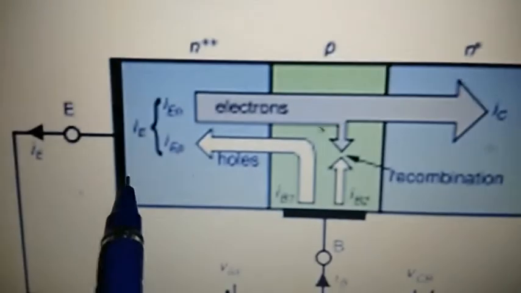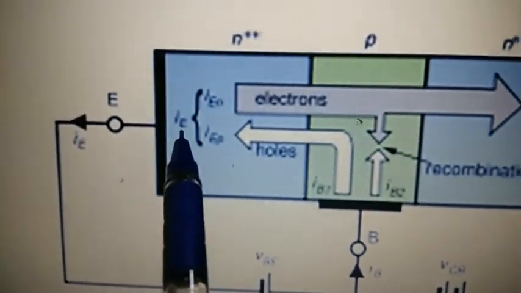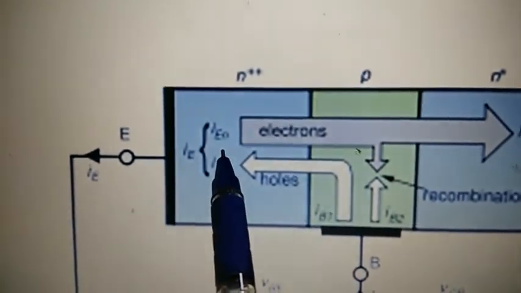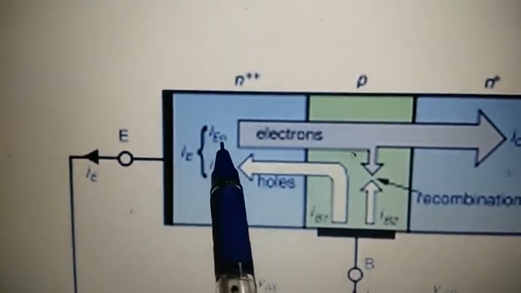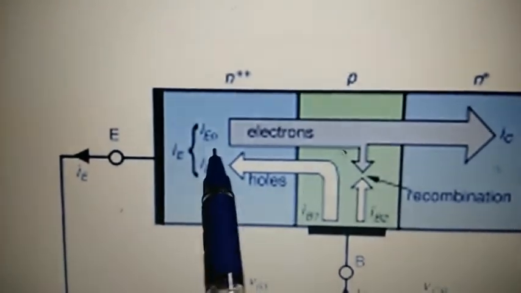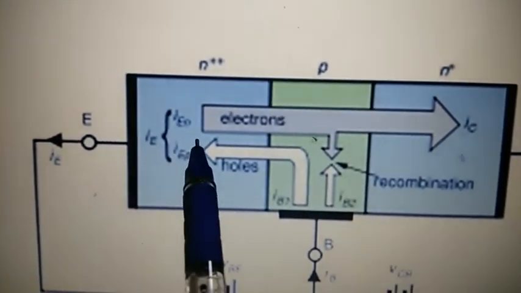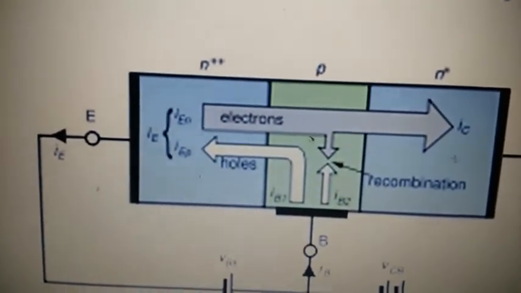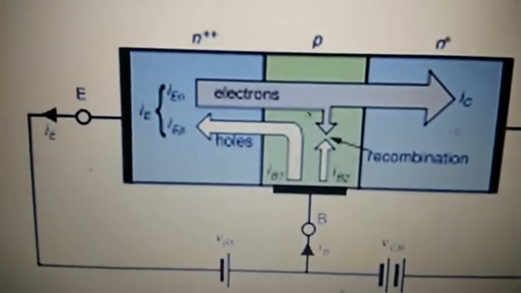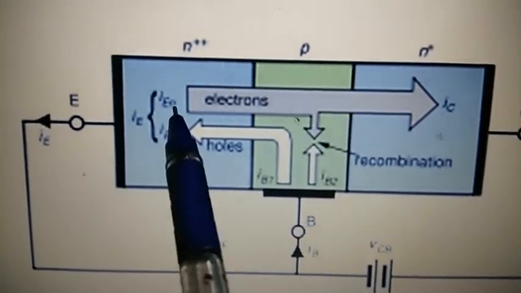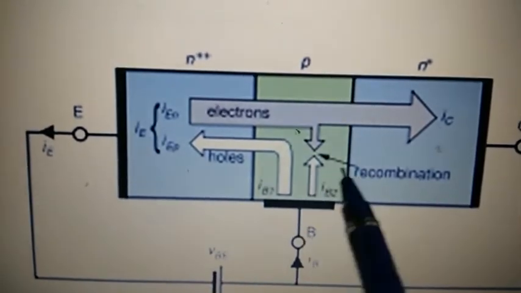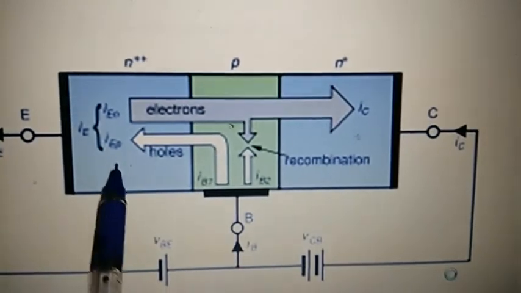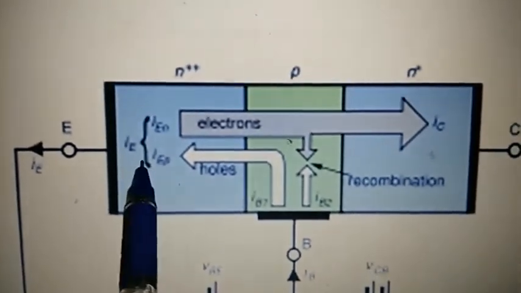Here you can see the components of the emitter current, consisting of IEO, with suffix EO. That means it is the emitter current with the base to emitter terminal open. That means when no battery is applied, whatever current is available is due to recombination and other phenomena. And this is the IEP shown here.